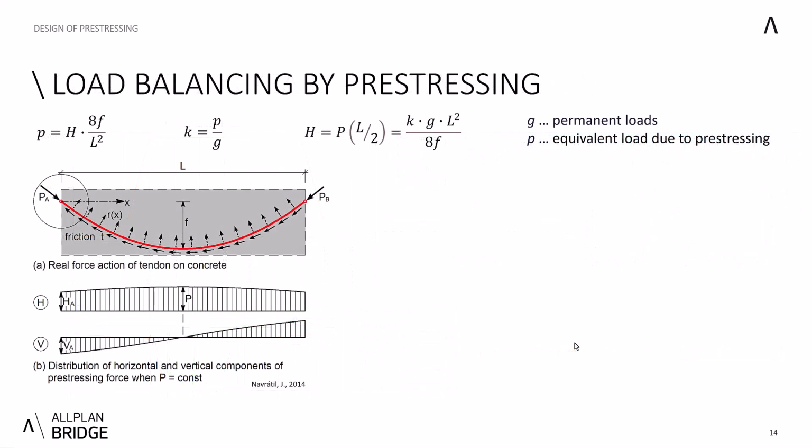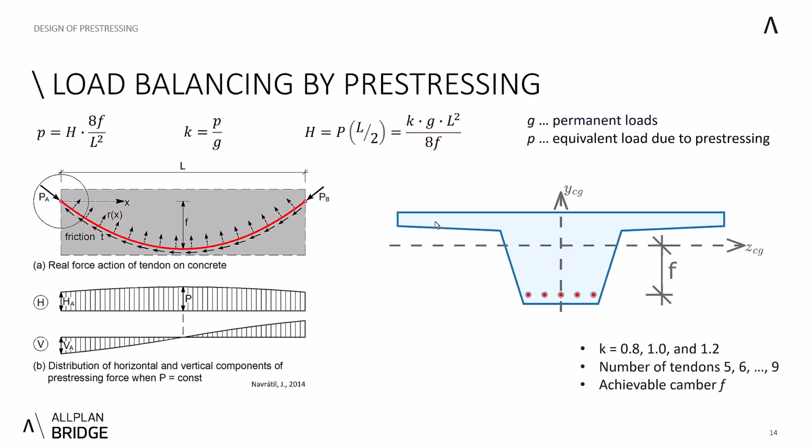As explained above, pre-stressing can be designed by balancing the permanent loads. Assuming a simple parabola, we get the displayed formulas with required horizontal force H. The required force was calculated to balance the 0.8, 1.1, 1.0 and 1.2 multiplier of permanent loads.